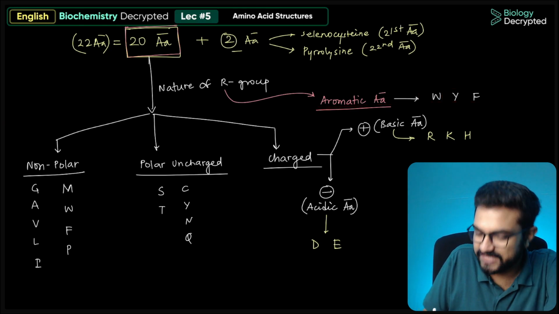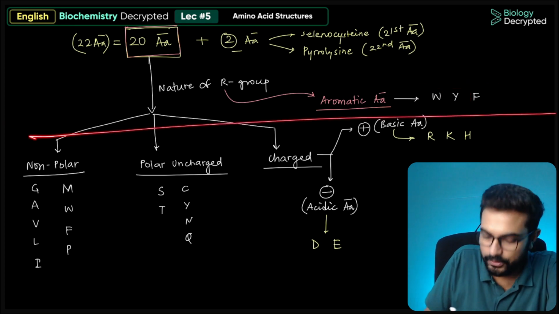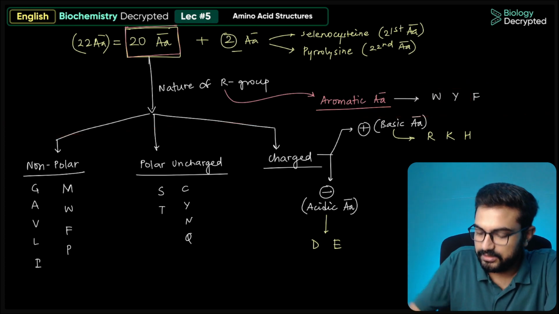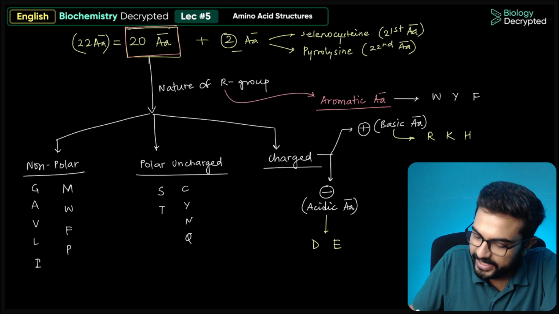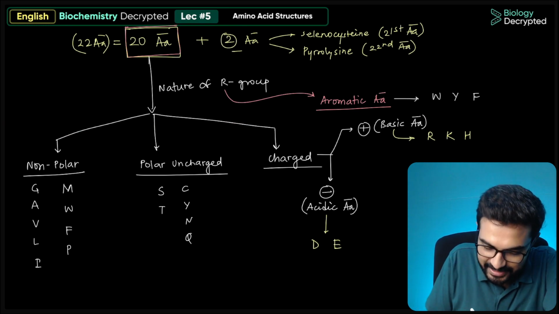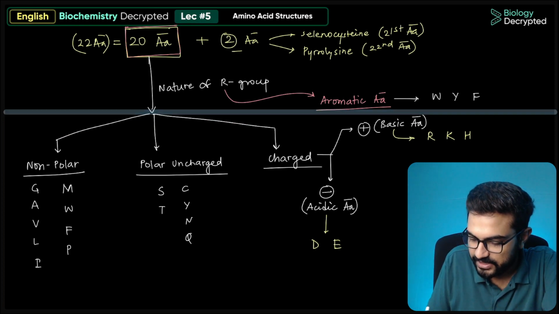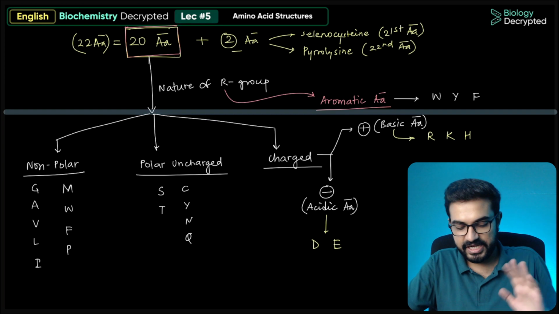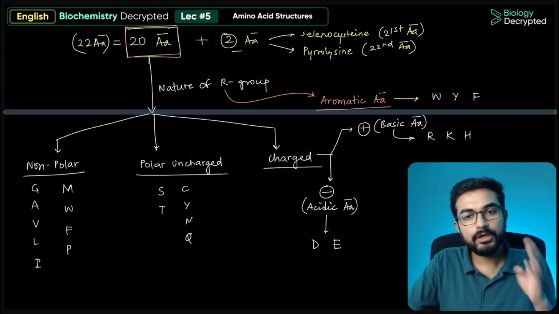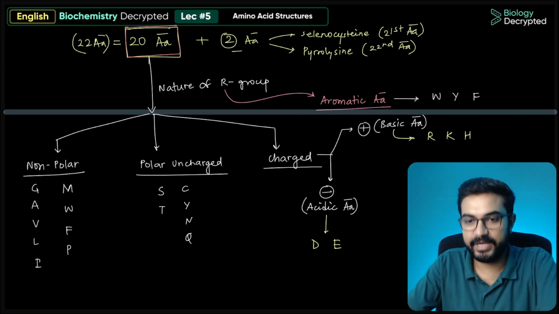This is just the categorization of aromatic amino acids. So out of these 20, W, Y, and F are classified as aromatic amino acids. But the main classification is the one given here: non-polar, polar uncharged, charged, and in charged we have basic and acidic amino acids.